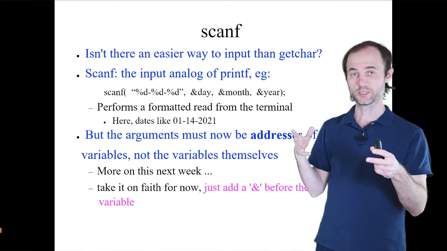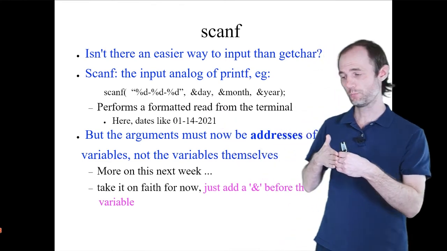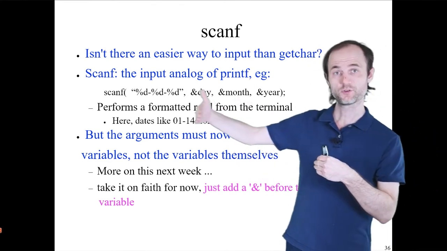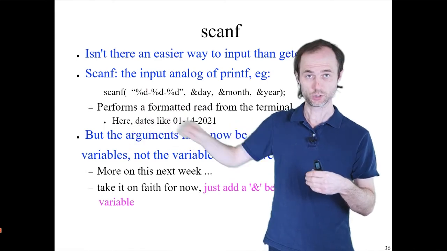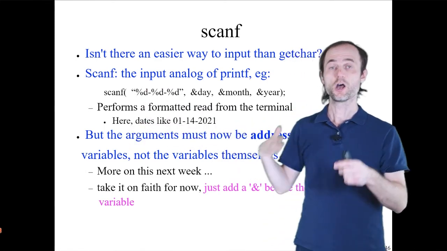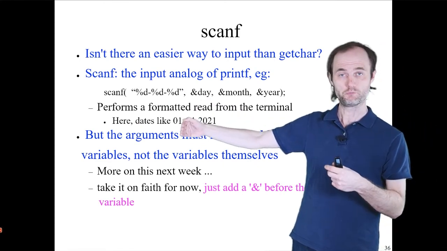So day itself could be a number, 1, and ampersand day will be the number of bytes from the beginning of memory till the place where day is stored in memory. So scanf figures out where the day variable is in memory by its address.